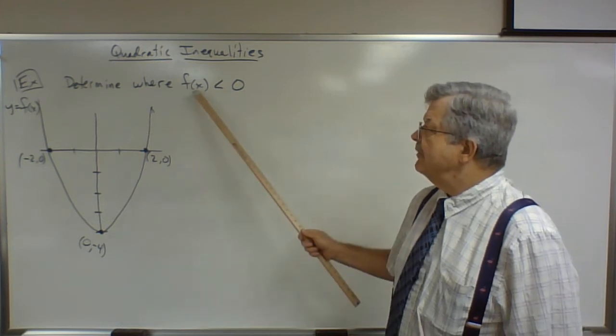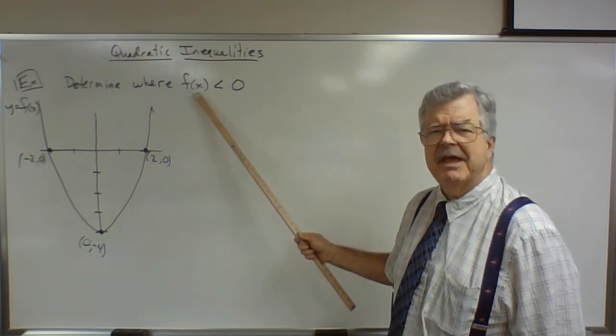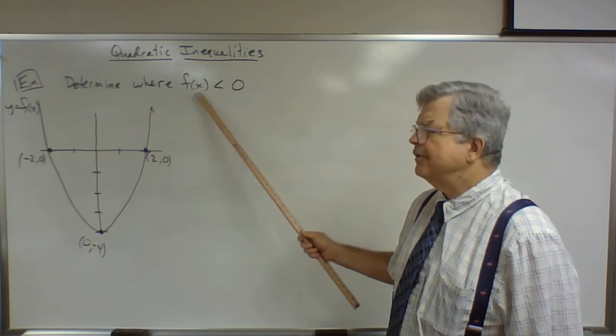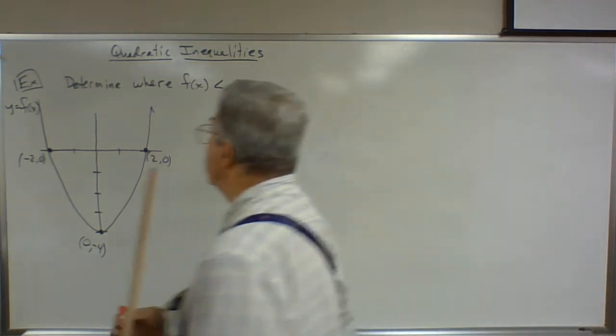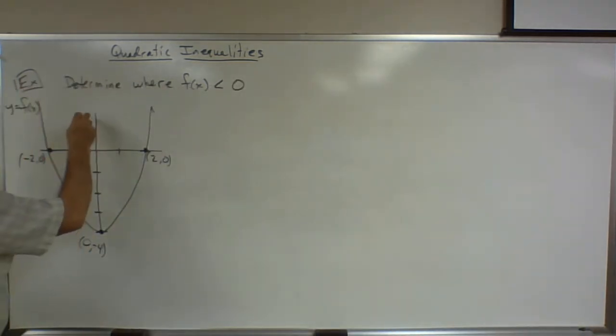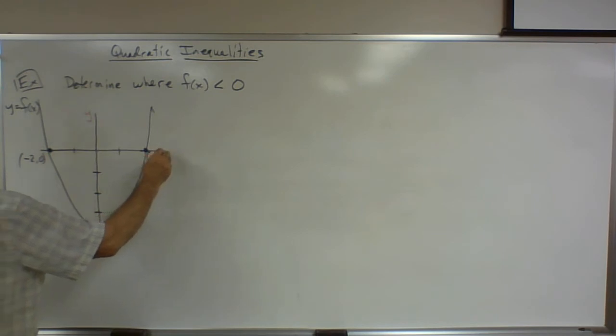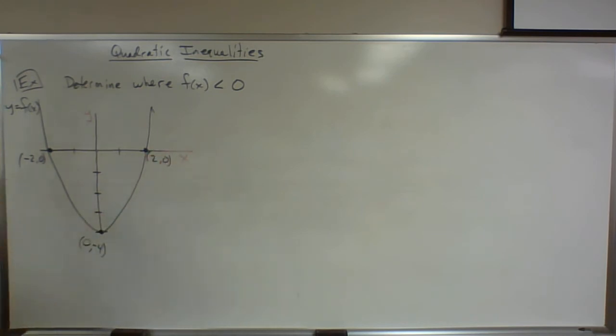Well, since y and f of x are the same thing, then f of x is going to be negative exactly where y is negative. And here we have the y-axis. Here we have the x-axis. Here's the origin, 0, 0. If we start at the origin and go down 1 unit, this is y equal to negative 1, isn't it?